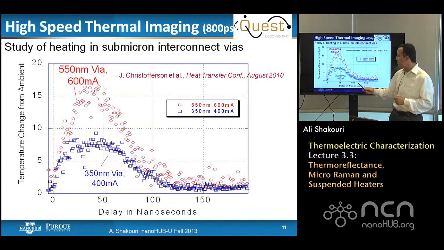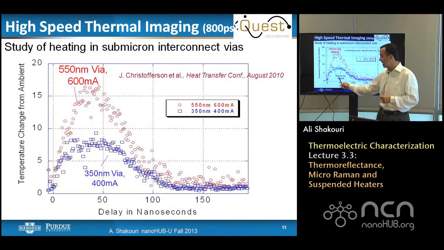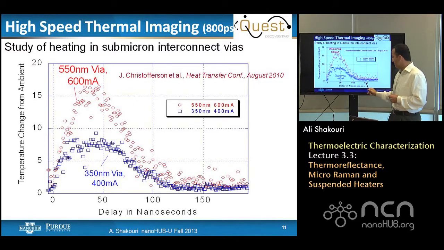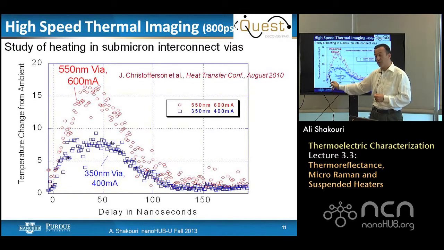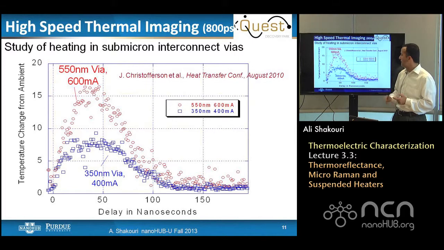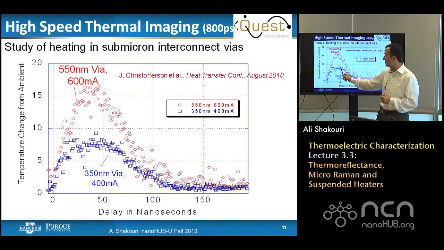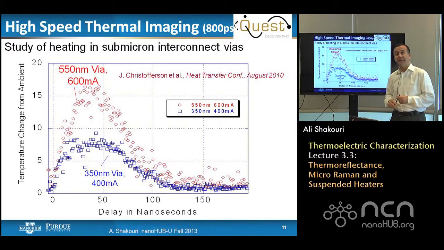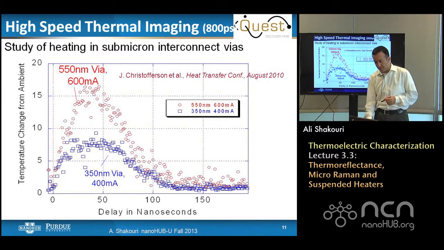Here is the measured heating on two different vias, a 350 nanometer via and a 550 nanometer via, with times up to 150 nanoseconds, but the first time steps go to 800 picoseconds, and you can observe 7 to 15 degree heating at very small locations quite precisely. These results were presented a couple of years ago at the International Heat Transfer Conference.